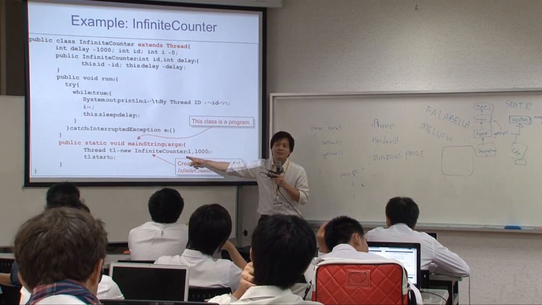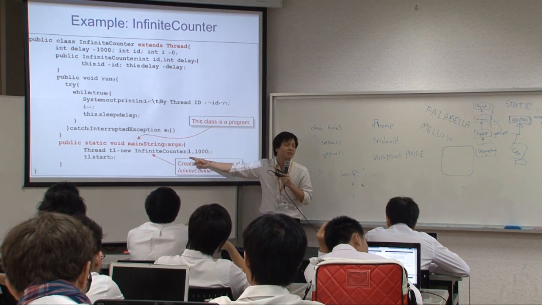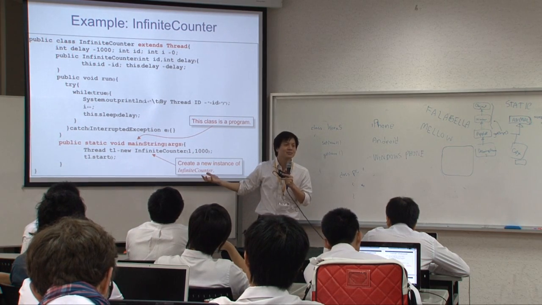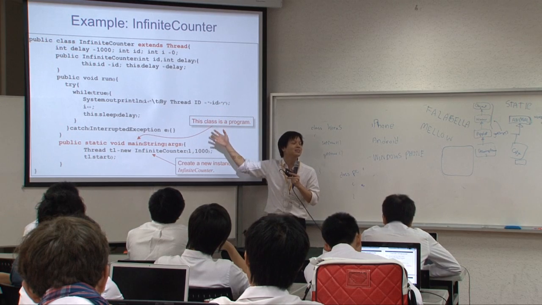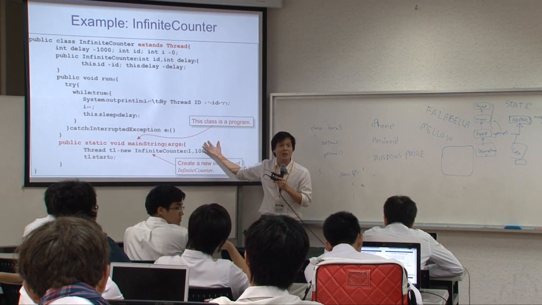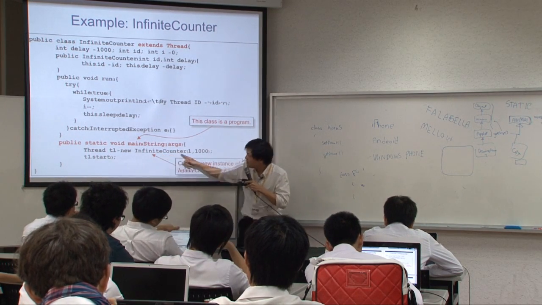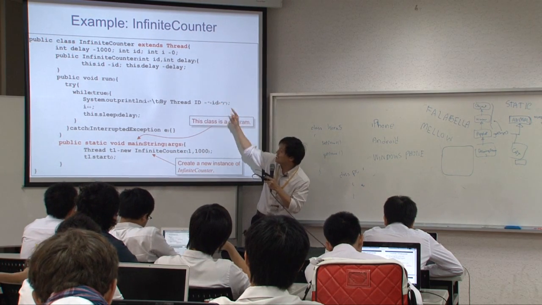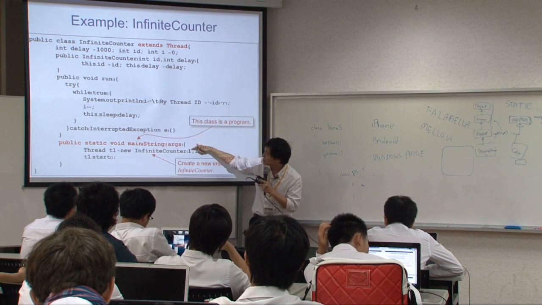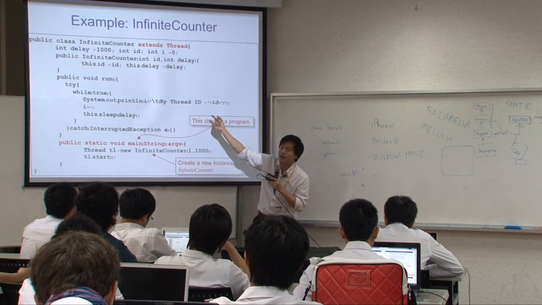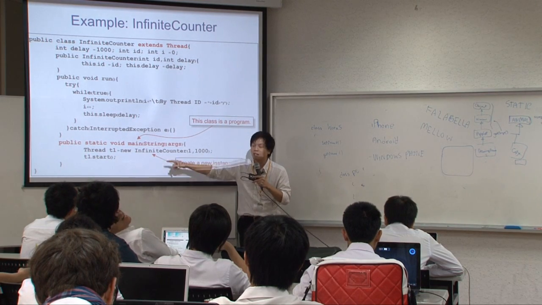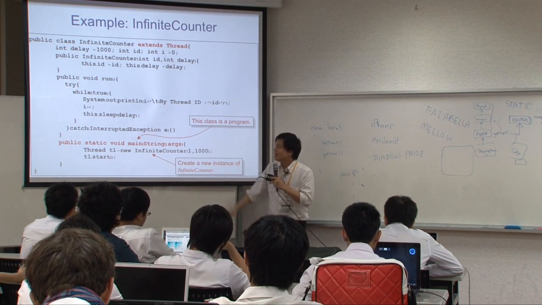Then create an instance of which class? InfiniteCounter. And how does Java know the details of this class? It's inside here, because this itself is the definition of this class also, right? So we do new InfiniteCounter, and of course, we provide a constructor that takes ID and delay. Whatever it does, it just takes these, assigns them to the attributes of the class, and then calls t1.start.